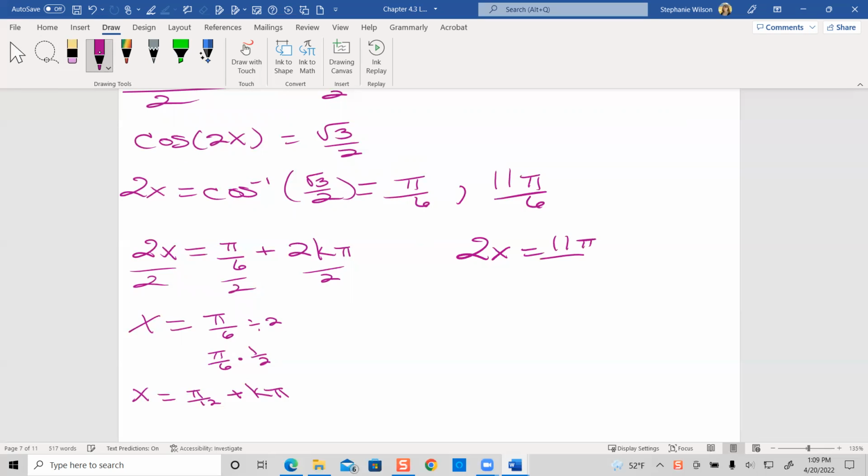Okay, again, we need to divide by 2. So now I get x is equal to 11 pi 12 plus k pi.